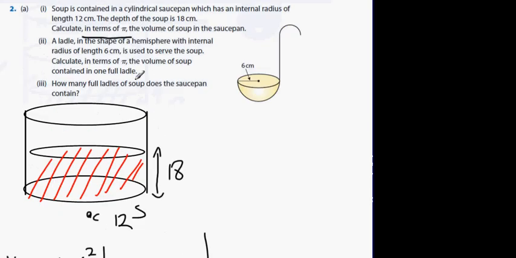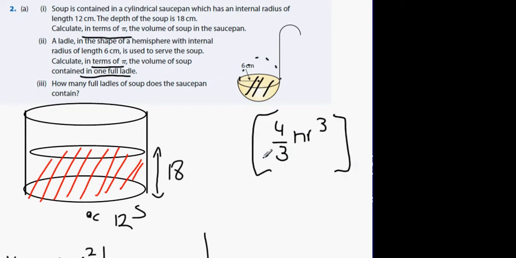A ladle in the shape of a hemisphere is used to serve the soup. Calculate in terms of pi the volume of soup contained in one ladle. So the volume of a full sphere would be 4/3 pi r cubed. I have to halve this answer because half of it is the volume of a hemisphere.